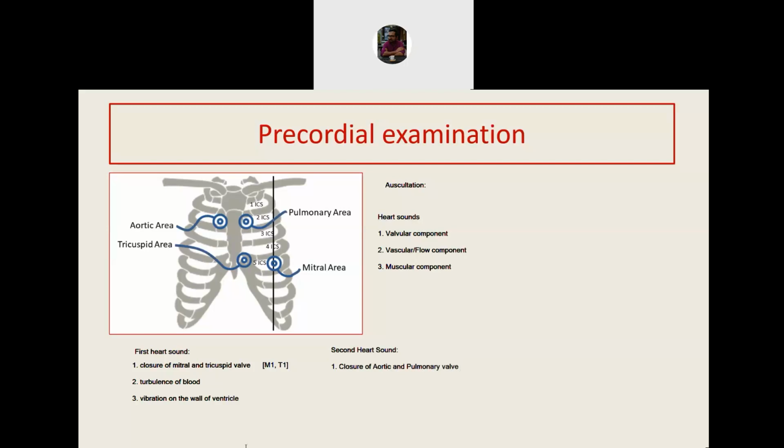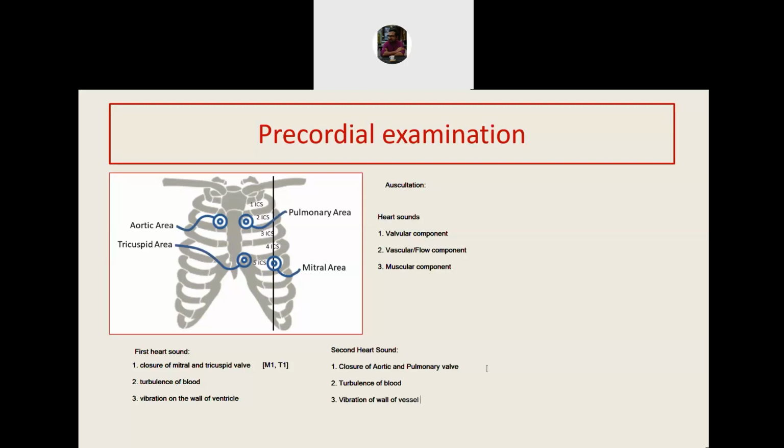However, it also causes turbulence of blood in the great vessels, which is the flow or vascular component. And finally, there is also turbulence created on the wall of the blood vessel. So there is vibration of wall of the vessels, which is the muscular component here, the smooth muscle layer of the great vessels.